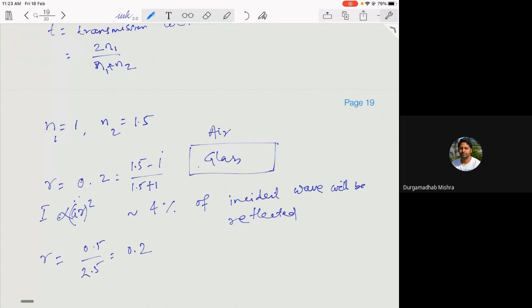So if R is equal to 0.2, that means about 4% would be reflected.